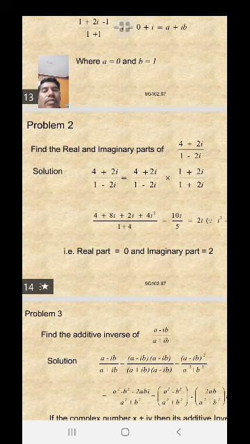Solution is, let us take the given question, that is (4 + 2i)/(1 - 2i). Then to this multiply with 1 plus 2i and divide with 1 plus 2i.